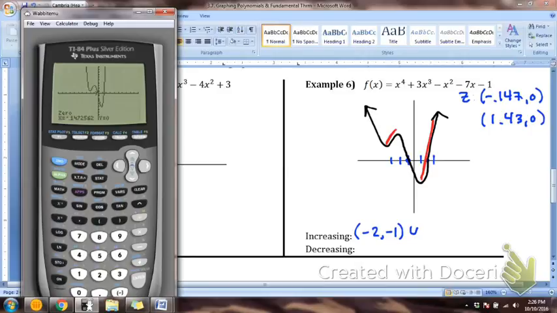So what looks like is happening in your graph. And then I would say it's increasing from 1 to infinity.